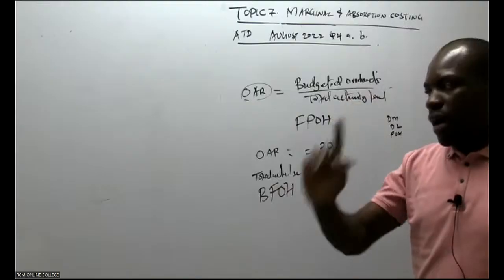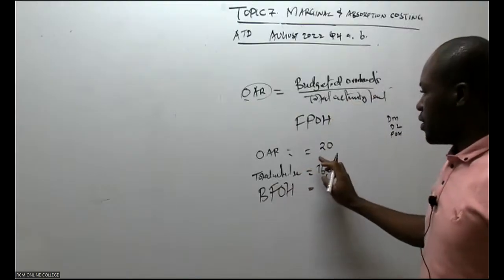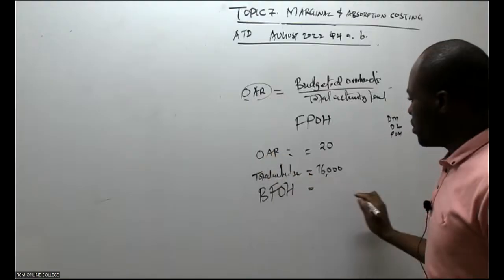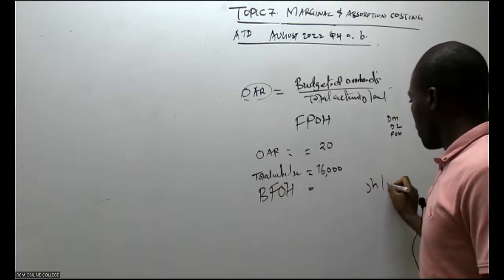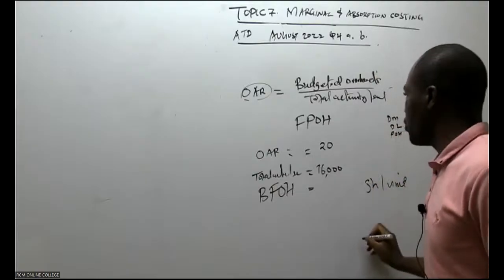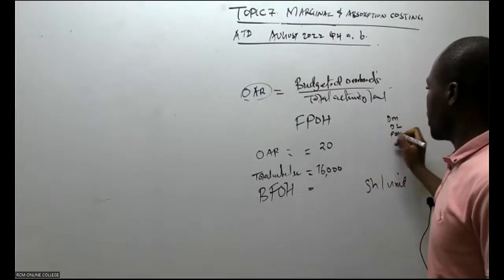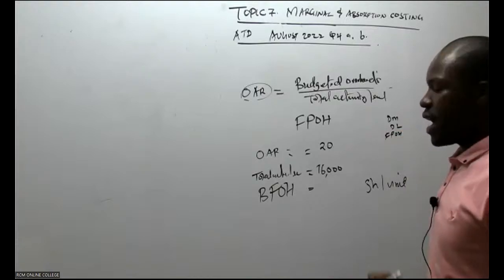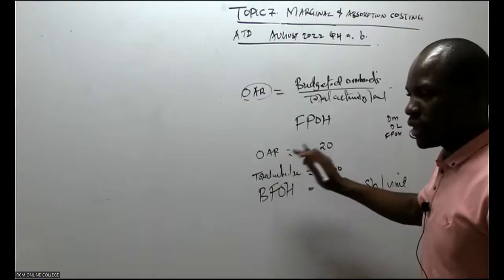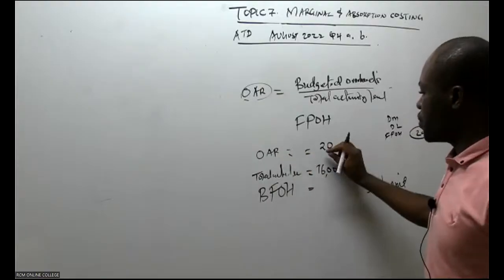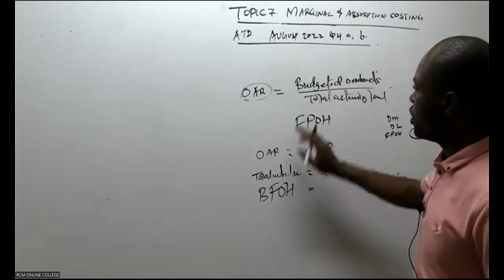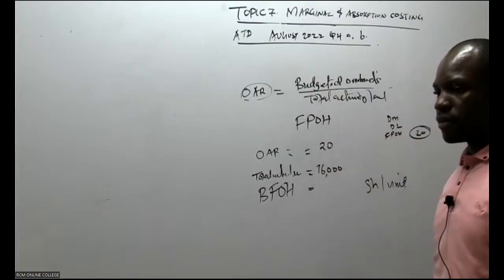Our activity level here is units, so it means the overhead absorption rate will be shillings per unit. We've been given that the cost of producing 1 unit, direct labor, direct material, fixed production overhead, and it is 20. So it means this one here is the overhead absorption rate. If you have these 2 and your formula is here, are you able to get the unknown, which is budgeted overheads?